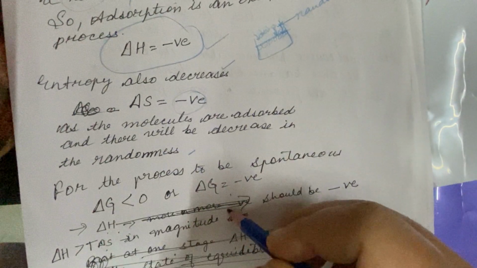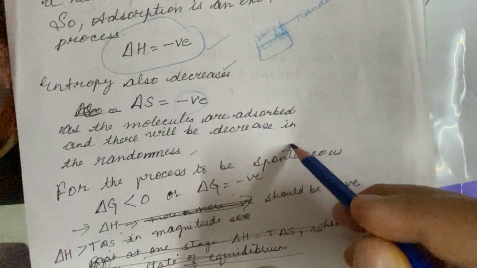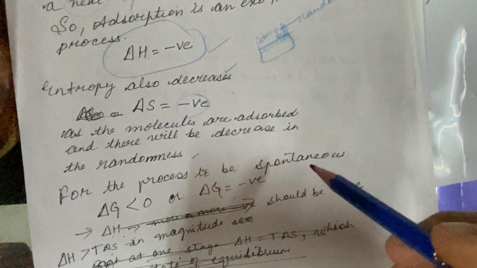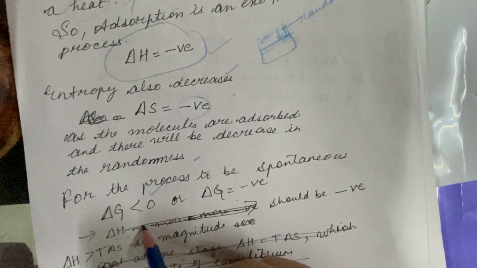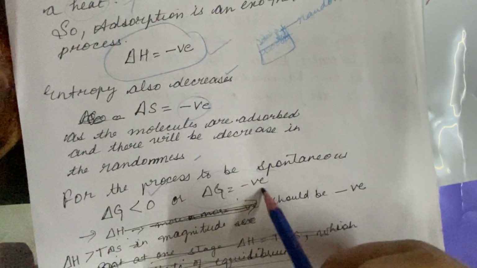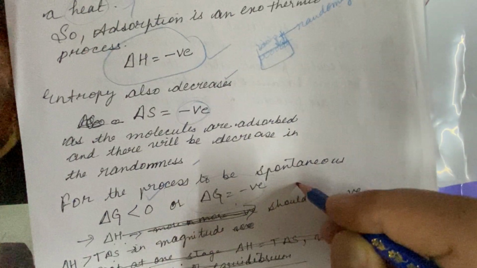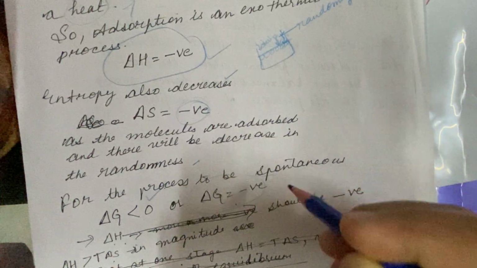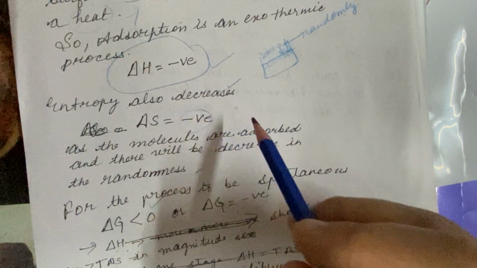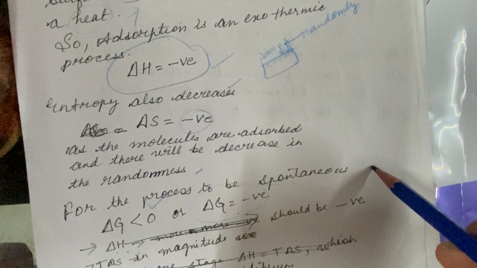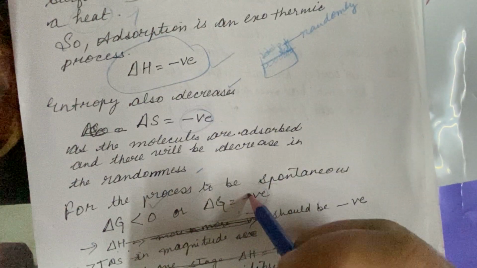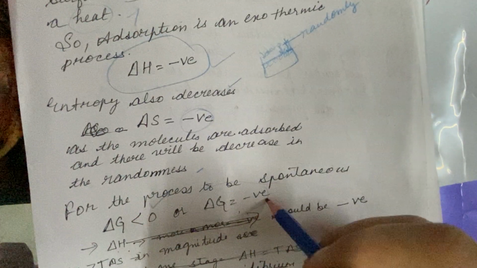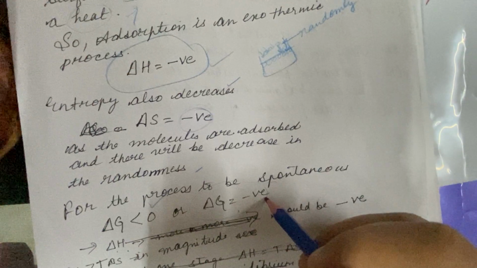So what is there now? For adsorption to be spontaneous, I told you your delta G should be less than 0, or you can say it should be negative. And how will the value of delta G be negative? If the value of delta H becomes more and more negative, then the value of delta G will become negative.